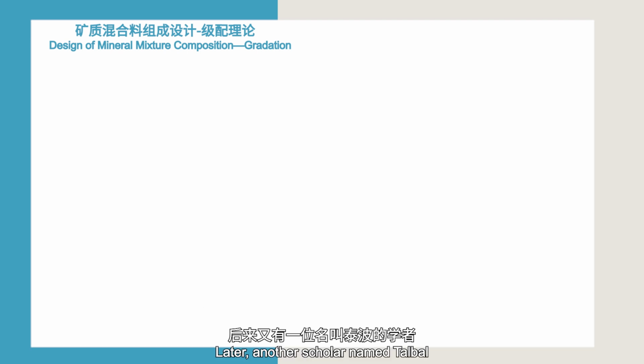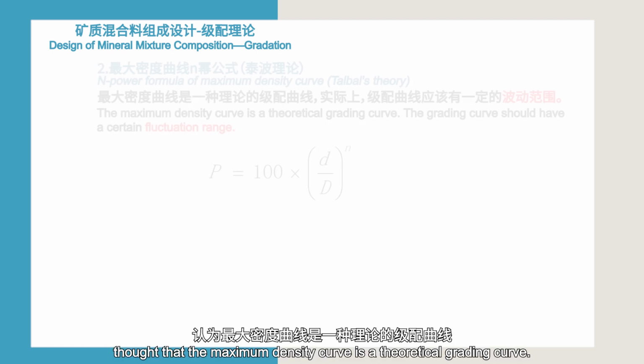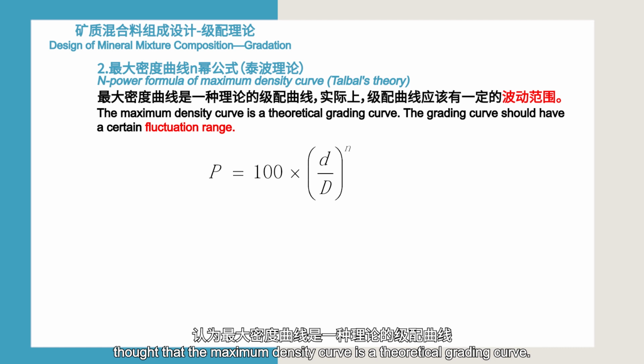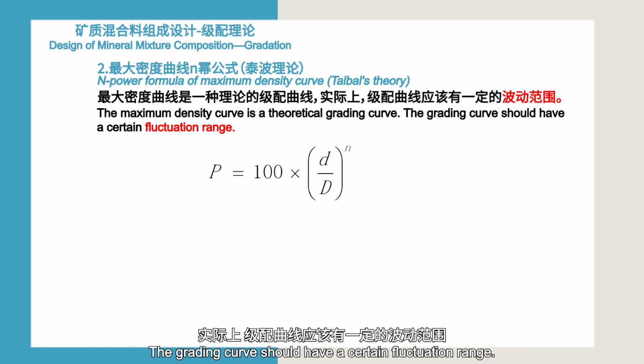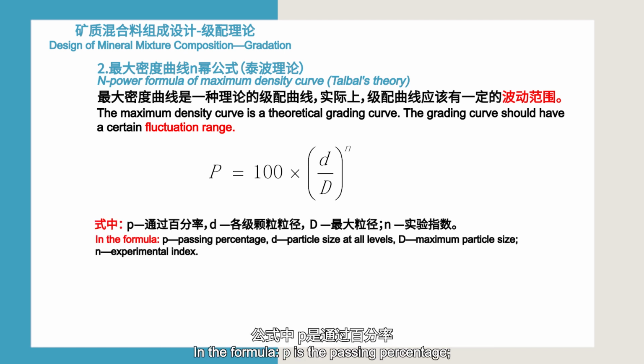Later, another scholar named Talbot thought that the maximum density curve is a theoretical grading curve. The grading curve should have a certain fluctuation range. In the formula, P is the passing percentage, d is the particle size of particles at all levels, D is the maximum particle size, and n is the experimental index.